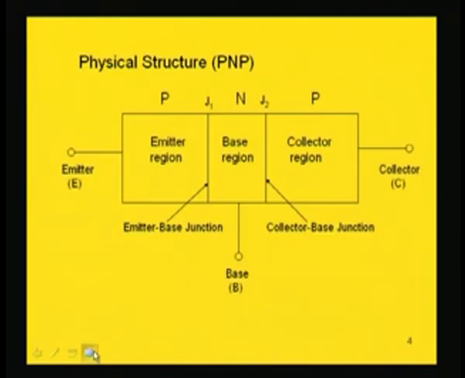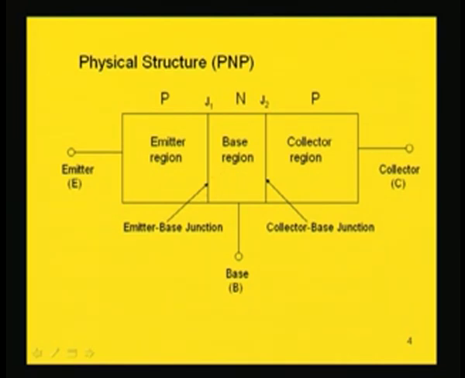So, let us now consider the physical structure of a transistor. First, let us take an example of a PNP transistor. The transistor has 3 regions: emitter, base and collector. The base region is sandwiched between emitter and collector regions.